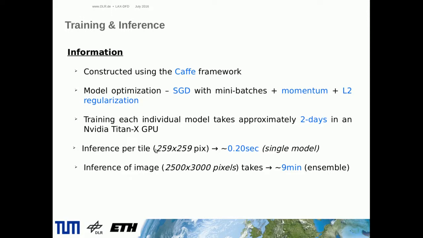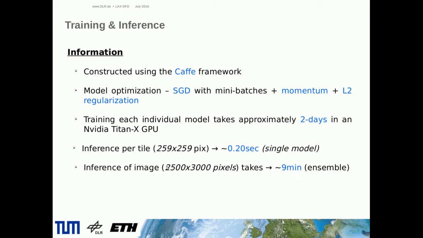The inference, so the prediction per tile of 259 by 259 pixels, takes around 0.2 seconds using a single model, not the ensemble. Whereas the inference on the complete aerial image that we used, which is about 2,500 by 3,000 pixels, takes about 9 minutes on the ensemble, but this is because we have very large overlaps.